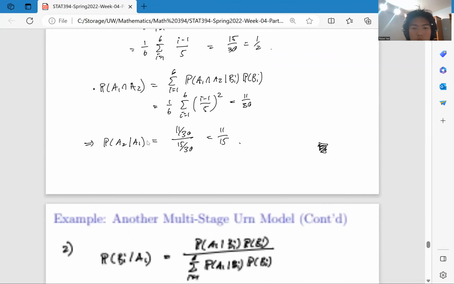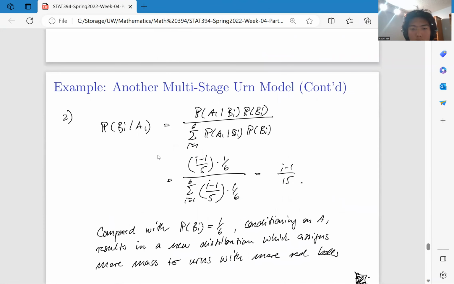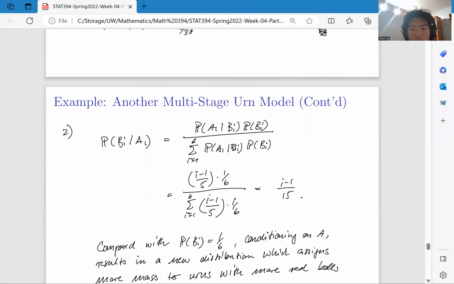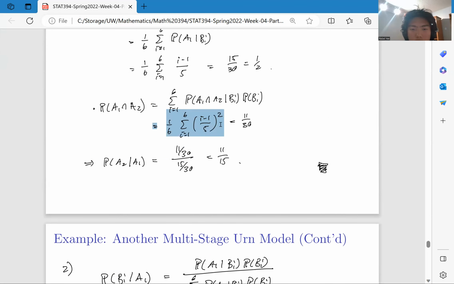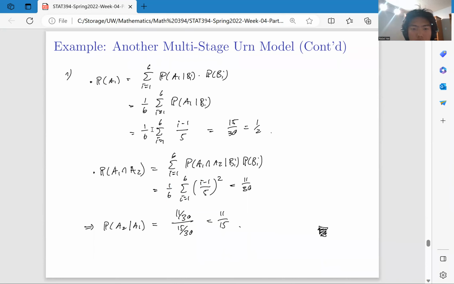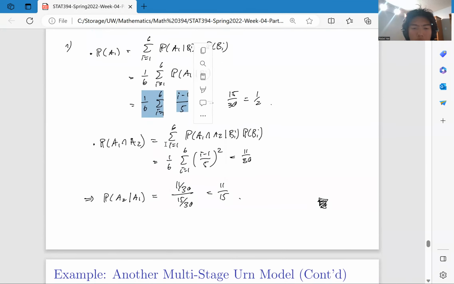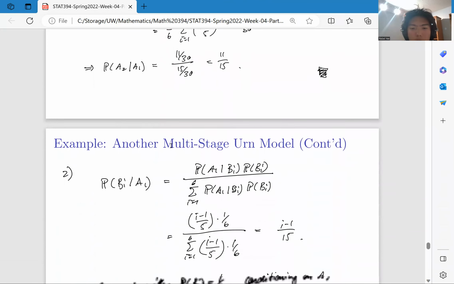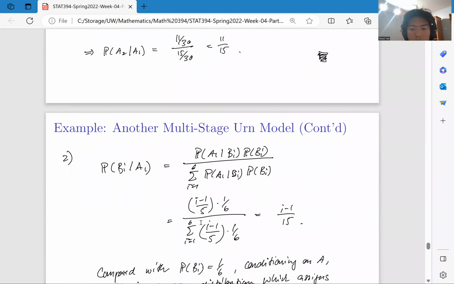So we use Bayes' rule, summing all the cases of P(A1 given B_i) times P(B_i) in the denominator, and just the single term for B_i as our numerator. The denominator we already calculated in the previous case: 1/6 times the sum from i equals 1 to 6 of (i-1)/5.